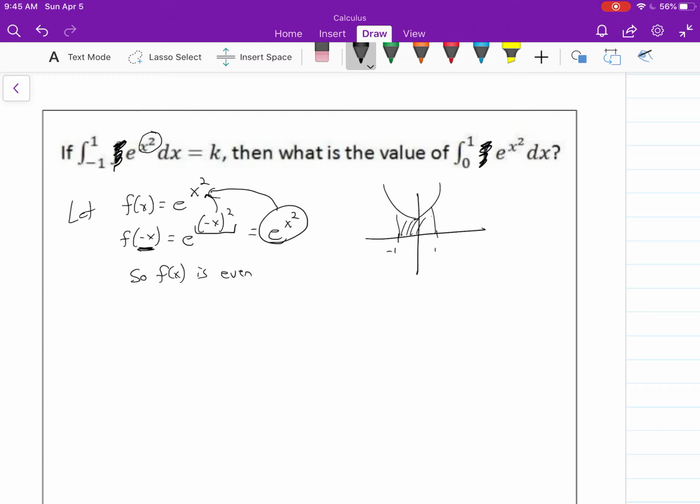But if this whole thing from negative 1 to 1 is k, which it says it is, what is it going to equal over here from 0 to 1? Well, the whole thing's k. We know this is an even function, so this is split in half. So this is going to equal half k, which is just k over 2.